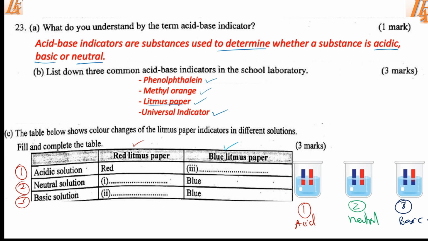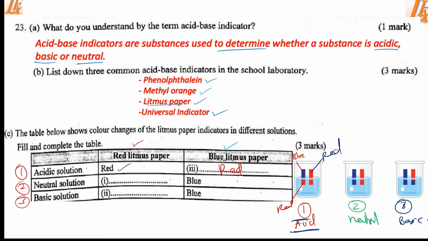So in an acidic solution, the red litmus paper remains red, correct in this case. And then a blue litmus paper turns red. It has turned red here. So a blue litmus paper turns red in acidic solution. You can use this diagram to see that.